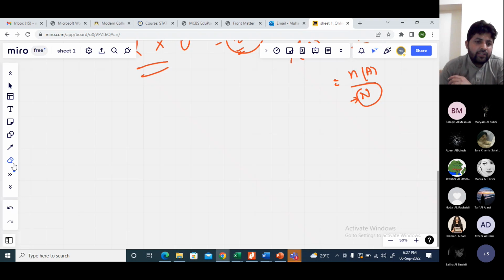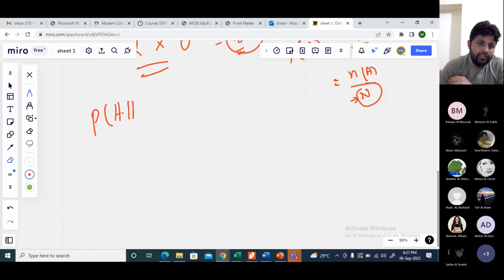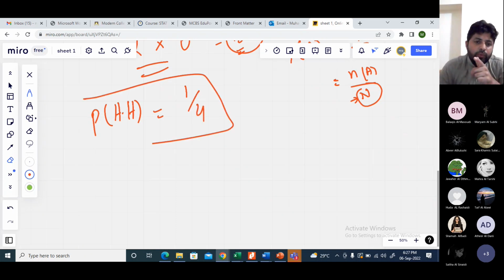So it means that you are interested in calculating the probability of one head and a second head. In that case, what will be the probability? Could you tell me? 1/4. 1/4. Very good. So this is going to be the probability in case of two heads.